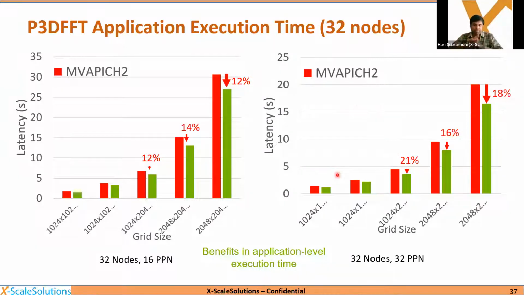So to wrap up, what did we do as part of MVAPICH to DPU? Vendors like NVIDIA and Mellanox came up with smarter network interface adapters, which are capable of offloading higher value tasks from the CPU.